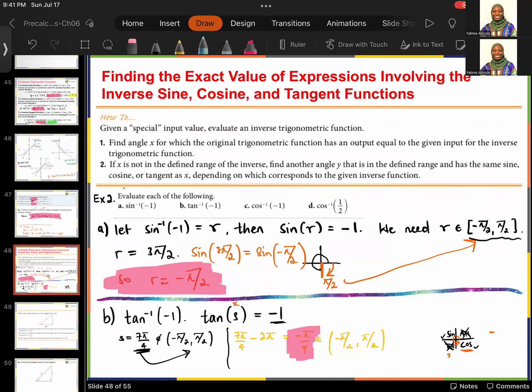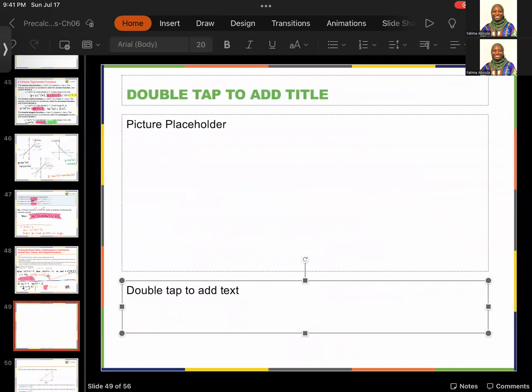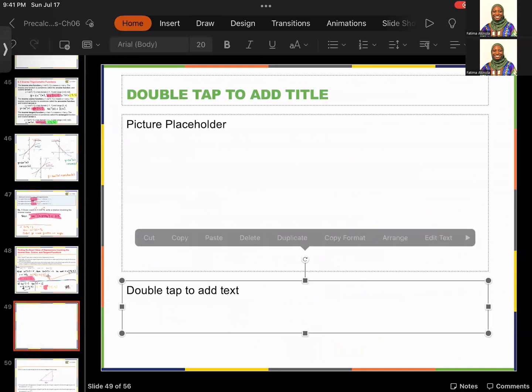Now let's add a page and try to solve the remaining two problems. Problem C of -1.